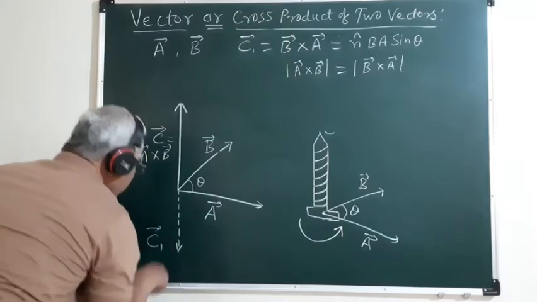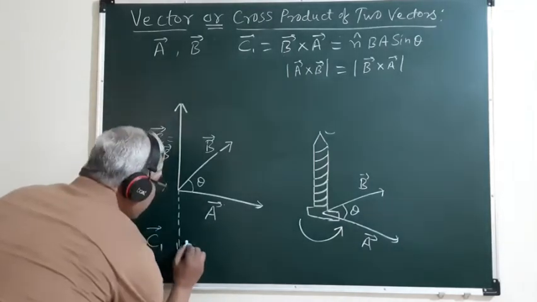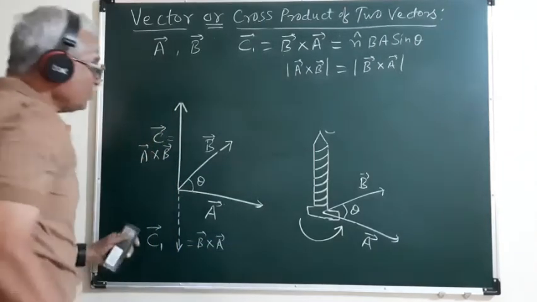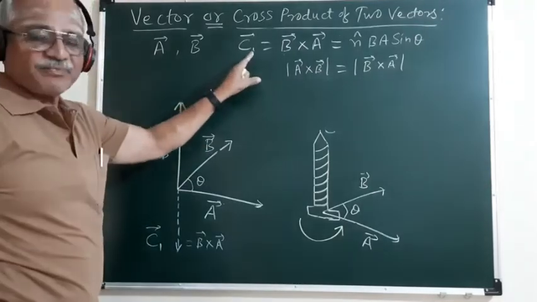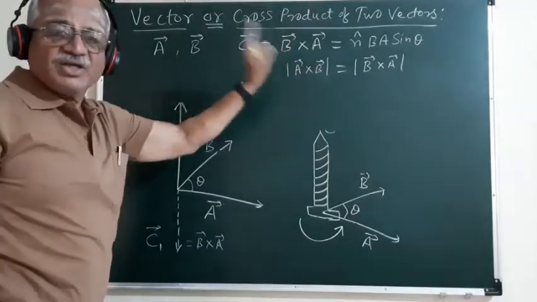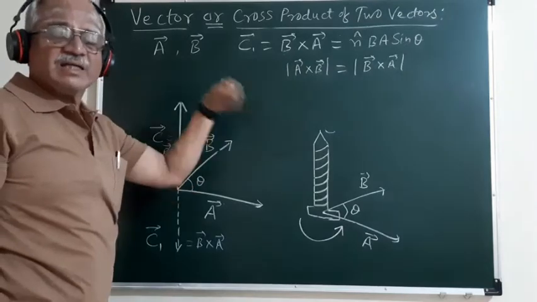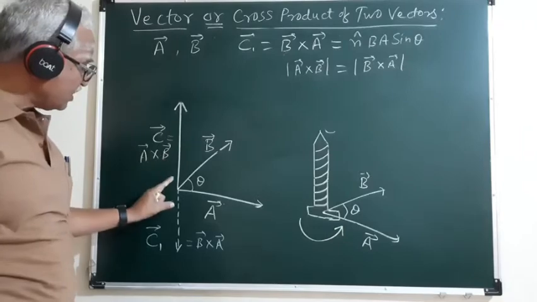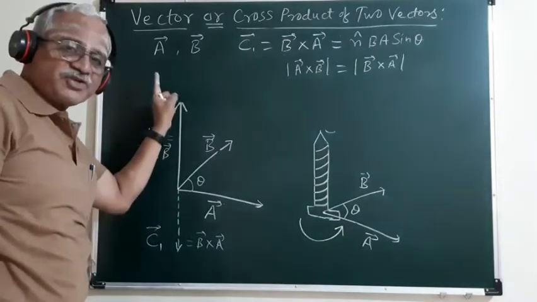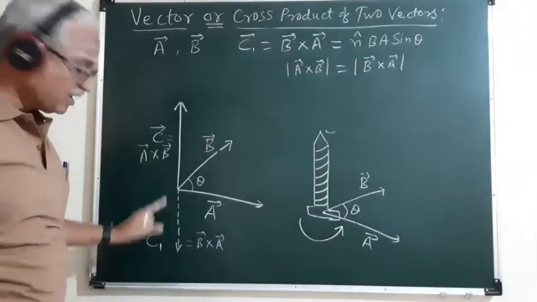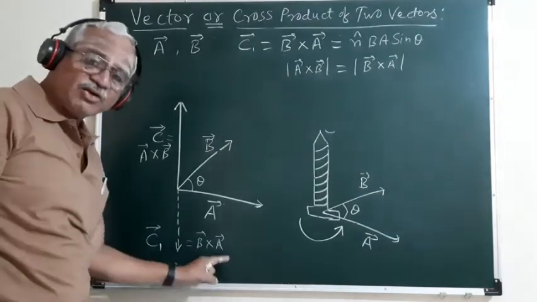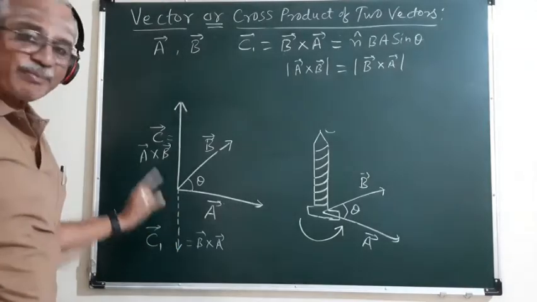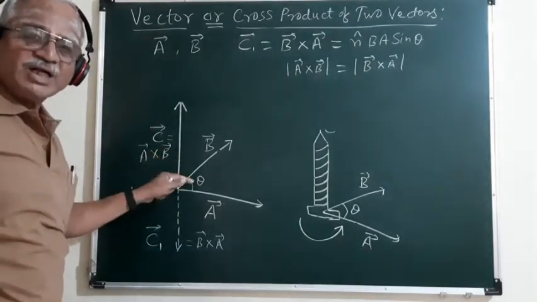So this is the vector C1 bar representing the cross product B bar cross A bar. This vector C1 bar, that is B bar cross A bar, is found to be different than the vector A bar cross B bar. A bar cross B bar is directed in the upward direction, so that the vector C1 bar representing B bar cross A bar will be directed in the downward direction. Again, it will be perpendicular to the plane of A bar and B bar, but directed in the downward direction.